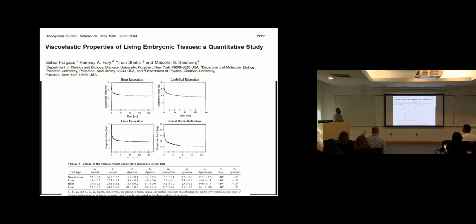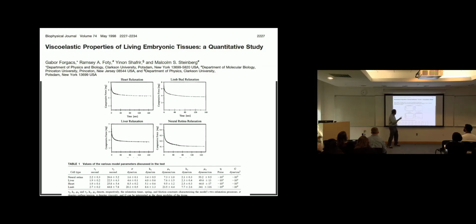So that's a collagen fibril. You can do the same thing with tissue. This is a stress relaxation experiment where they took a heart sample, a limb bud, liver, neural retina, all of these materials. You see that the force as a function of time relaxes.